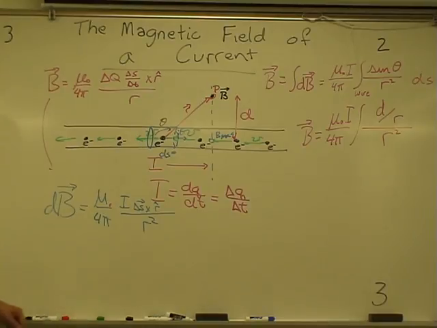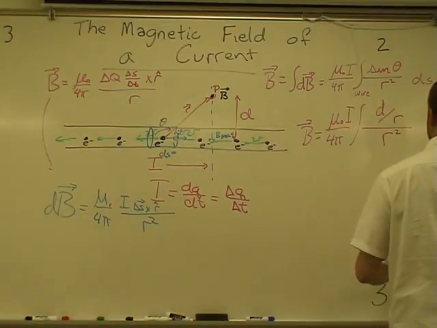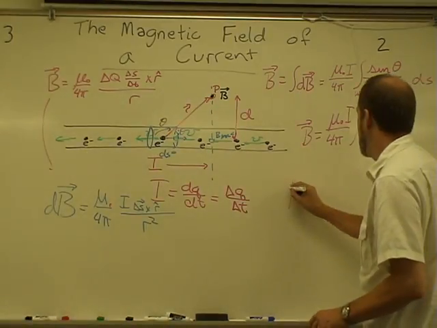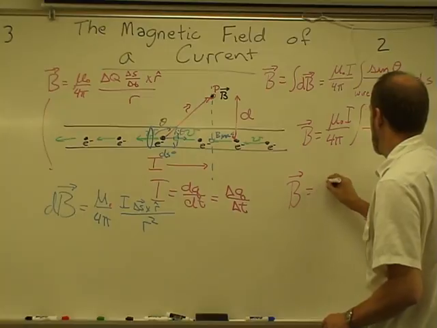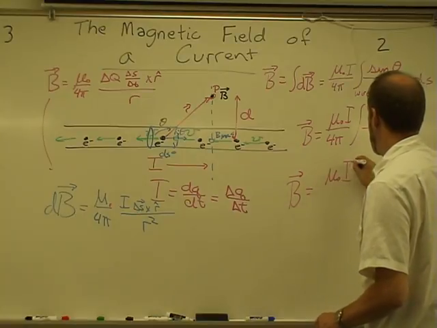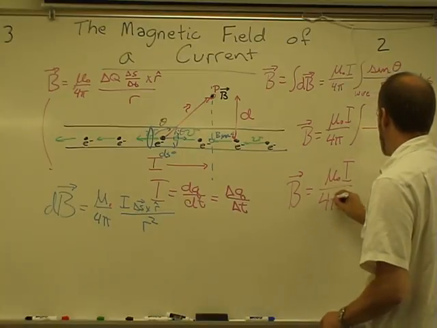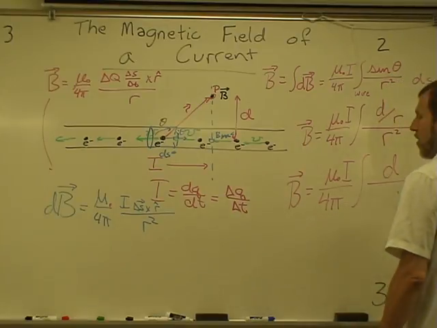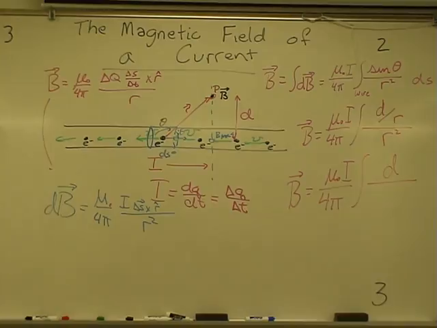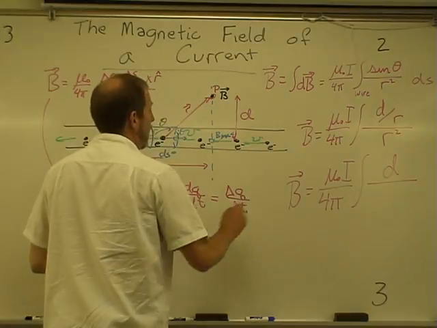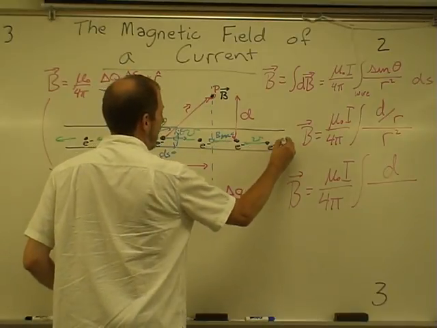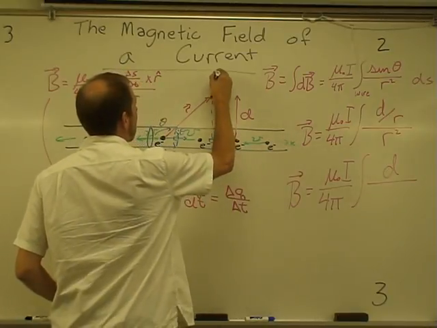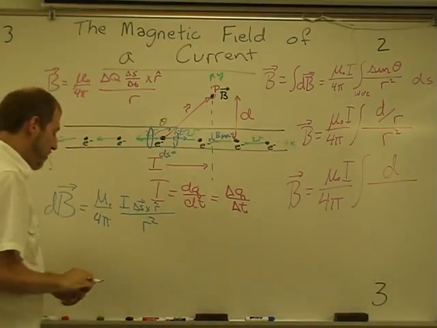So we have mu naught I over 4 pi times the integral of d over r cubed. Now, let's define our x and y coordinate systems.